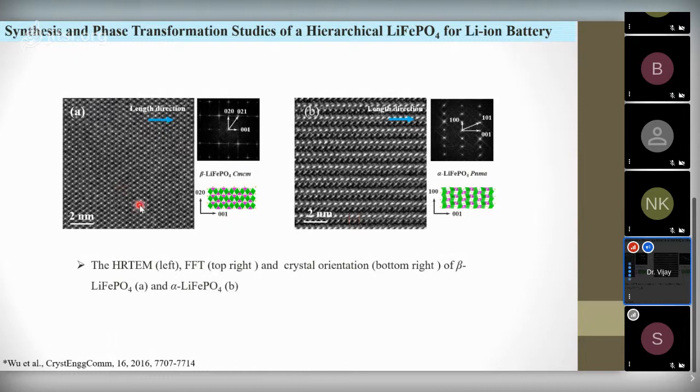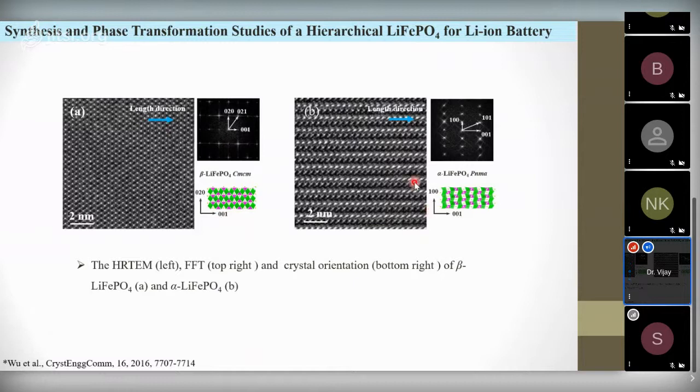With atomic resolution images, we can even combine with CrystalMaker to make the same crystal repetitions and find in which direction it is grown, like the length direction is 001. This is a Fourier transform. It's like a diffraction pattern, so we can easily calculate the length direction and other phases.